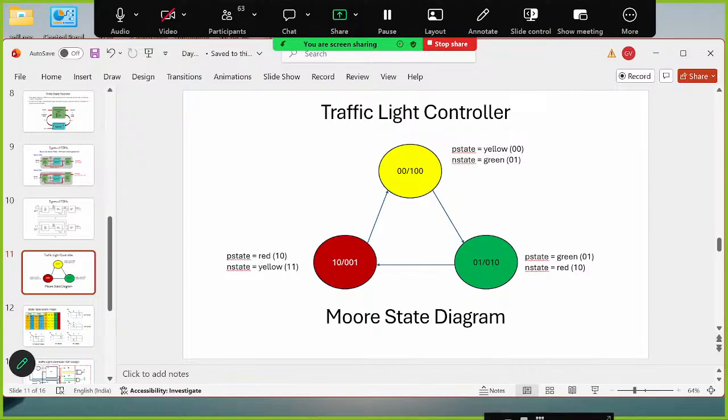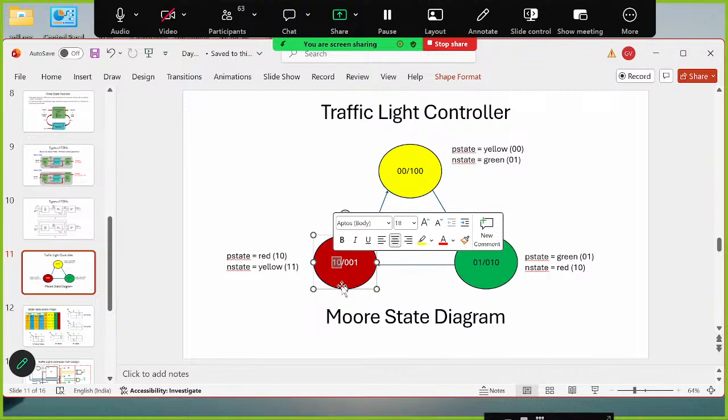Let's say 00 represents yellow, 01 represents green, and 10 represents red. Because there are three states, I need 2 bits, and 11 is nothing.